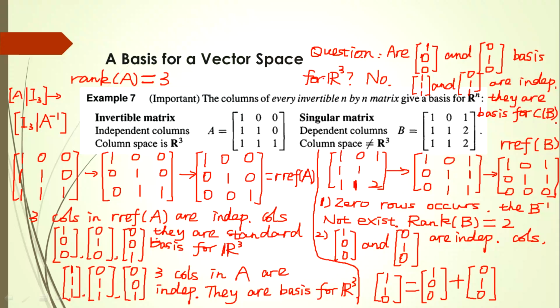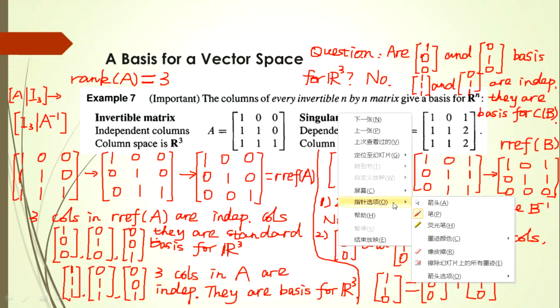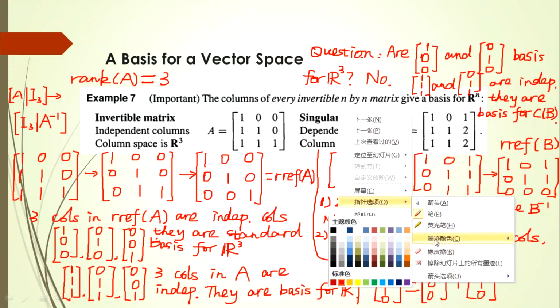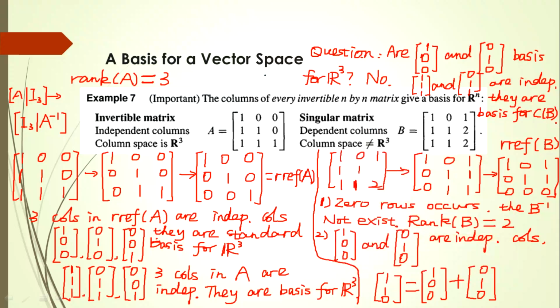They are a basis for the column space of B. And let me ask, what is the dimension of the column space of matrix B? What is the rank for matrix B? It should be 2, right?